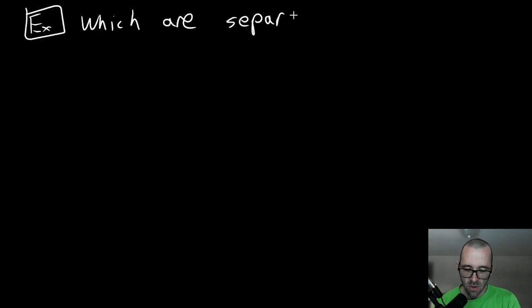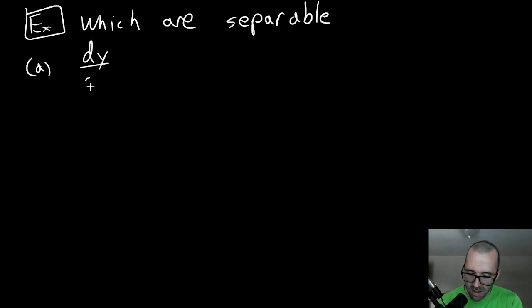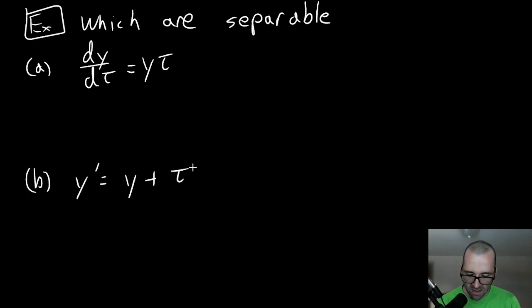Similar to the video before, I want to write down these equations, and I want you to pause the video and think about them, and then we'll go through them together and see if you got the right answer. So dy/dt equals y times t. Is that separable? y prime is equal to y plus t. Is that separable?